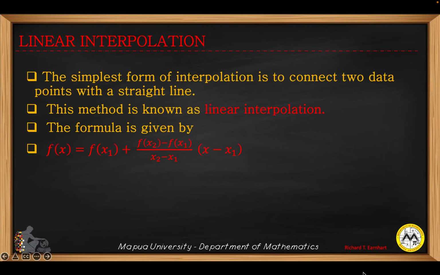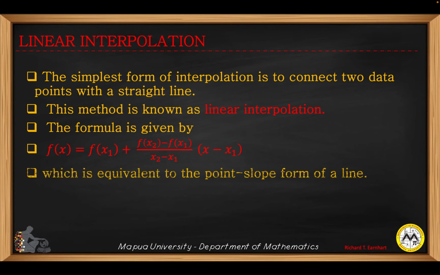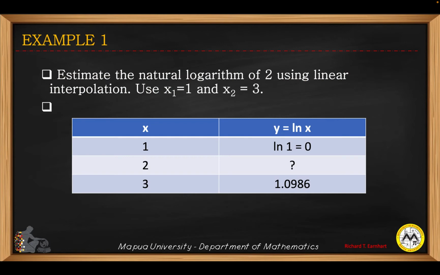So f of x sub 1 is the value of y at a given x sub 1, and f of x sub 2 here is the value of y at a given x sub 2. This is also known as the point slope form of a line.